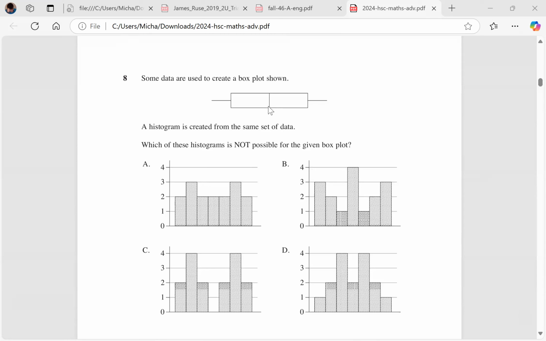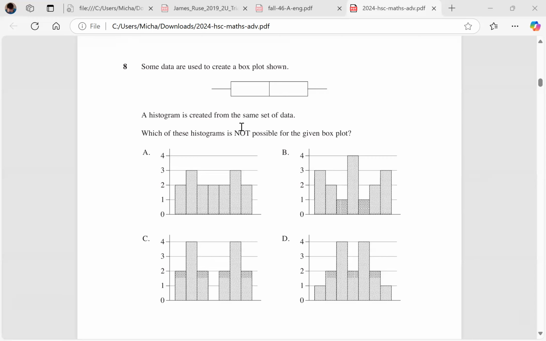So I guess the idea is the median is in the middle. Wait, is this meant to suggest that the quartile is not quite in the middle? It looks symmetric.